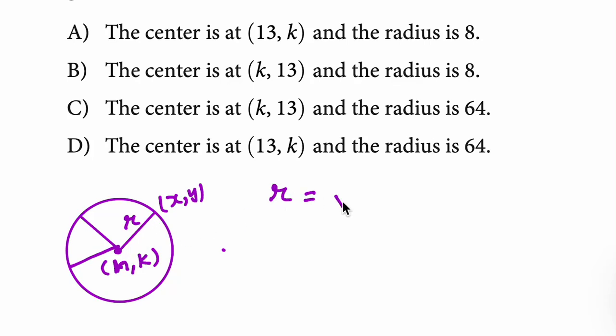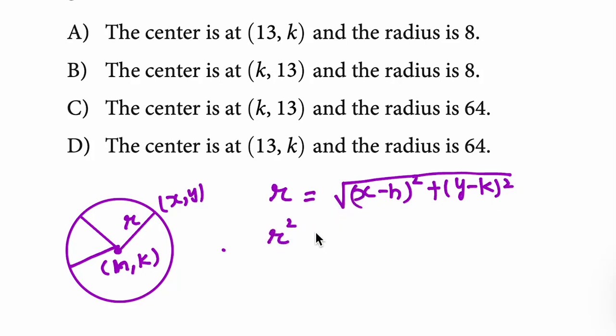So r is equal to the square root of (x minus h) whole squared plus (y minus k) whole squared. And because we have a square root sign, let's square both sides. Squaring both sides, r squared is equal to (x minus h) whole squared plus (y minus k) whole squared.